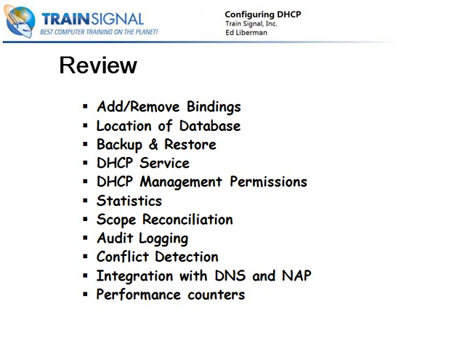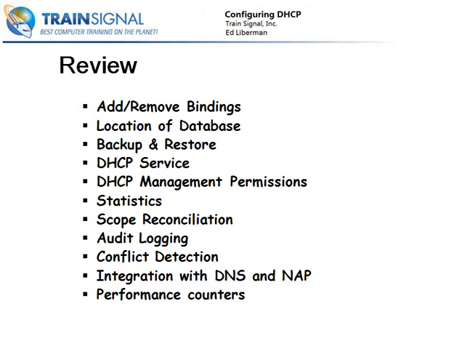We can start and stop the DHCP service if need be. We took a look at a couple of groups that are present on a local DHCP server called the DHCP Administrators and DHCP Users, which we can use to delegate out certain levels of administration if necessary. Took a look at some of the statistics that are available on both a basic level and then also on a performance counter level.